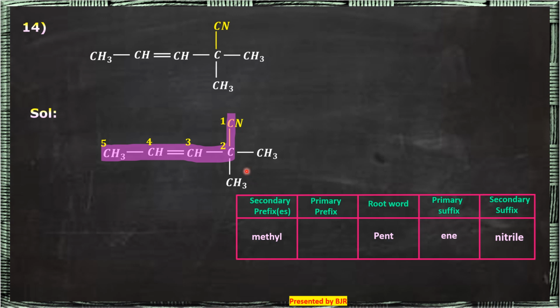So 2,2-dimethyl pent-3-ene nitrile. Here the terminal E from the primary suffix is not dropped. Why? Because it is followed by the suffix beginning with N. For that reason it is retained as it is.